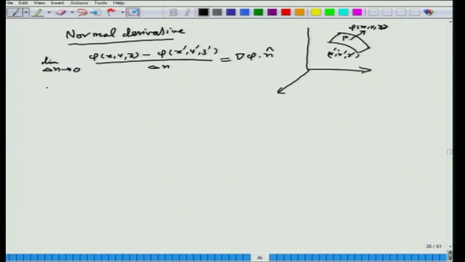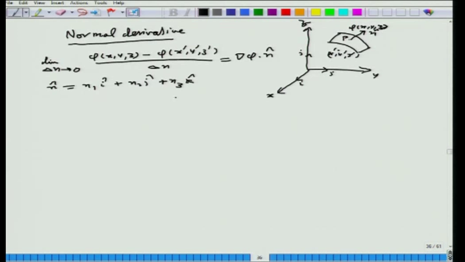Here n cap is the unit normal, which is n1 i plus n2 j plus n3 k, where i, j, k are unit vectors in the x, y, z directions respectively.